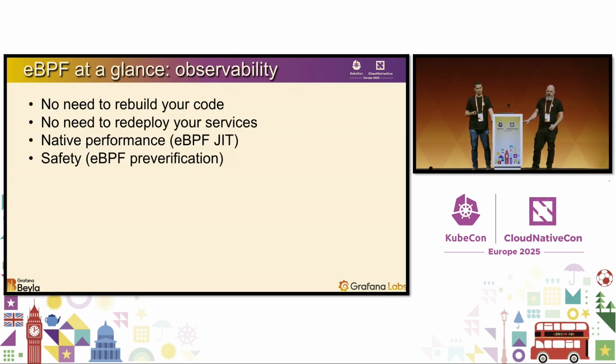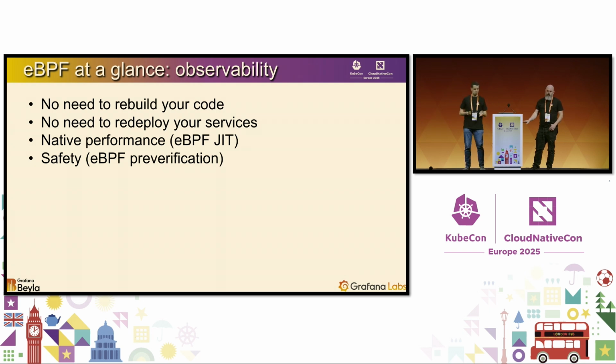Good part of eBPF is that if you want to run eBPF or, for example, instrument an application, you don't need to rebuild the code of your application to inject the probes. You don't need to redeploy your services with the eBPF agent. It will be the eBPF solution that injects directly and transparently into the instrumented application.